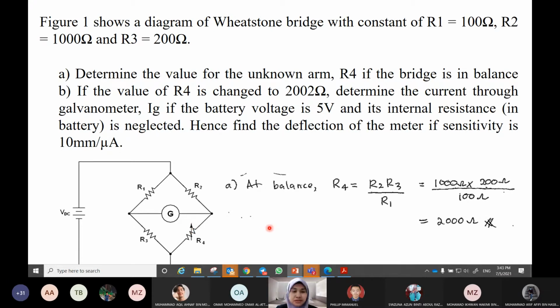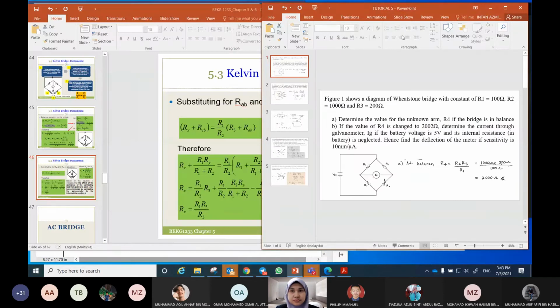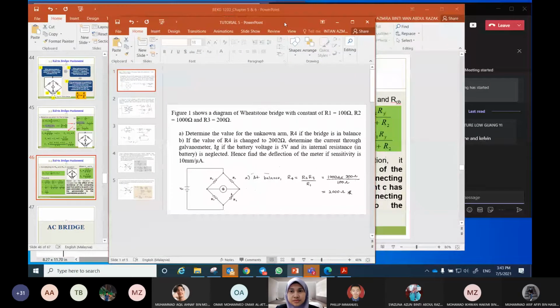Is this circuit balanced or unbalanced, Arif? Arif? R4 is equal to 2000. So does that mean this circuit is balanced or unbalanced? Sorry?